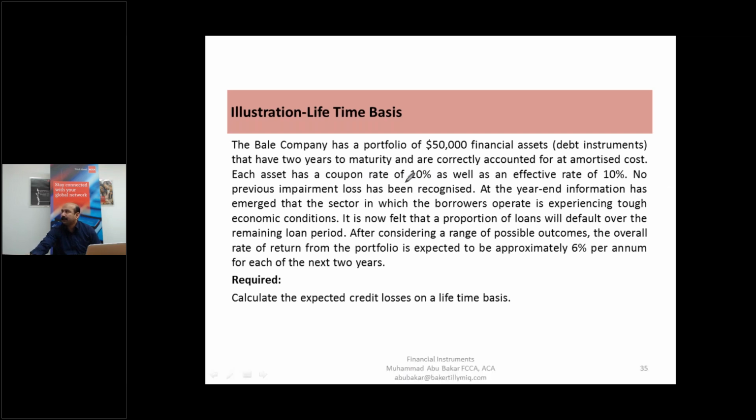Shortfall is basically what you expect. 5,000 was the original return, and this is the expected return, which is 3,000. And this is basically the shortfall in the return.